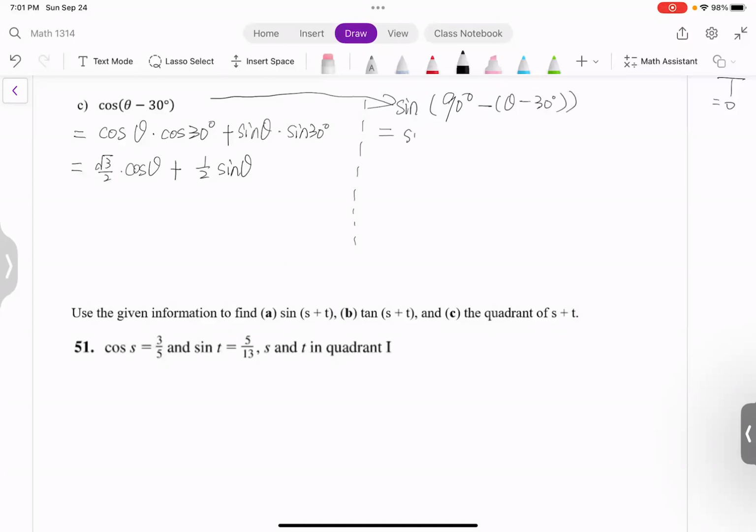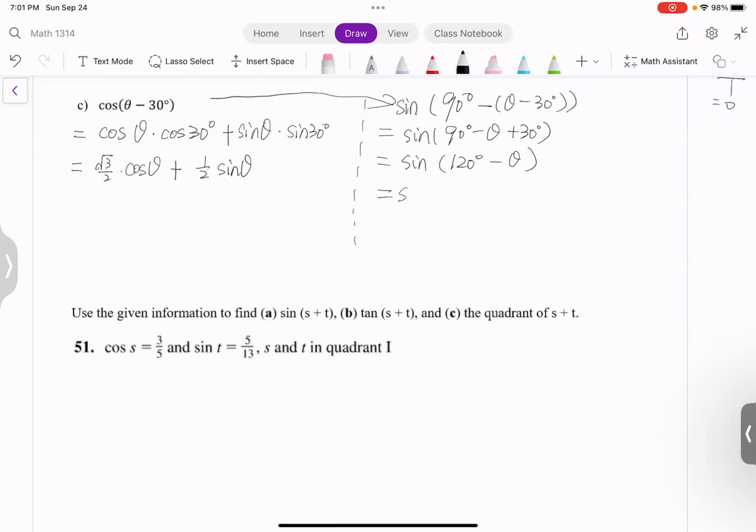So I have sine of 90 degrees minus theta plus 30 degrees. This is sine of 120 degrees minus theta, and this is a difference of the sine.